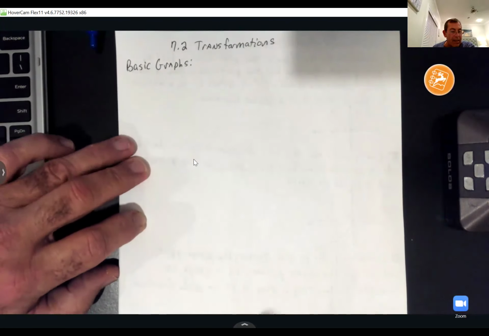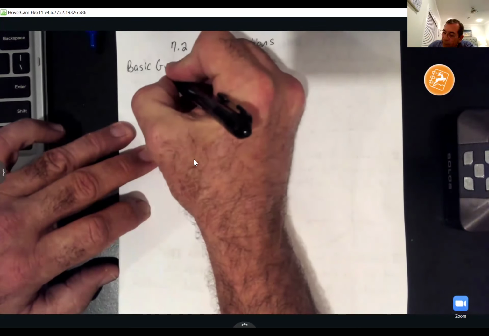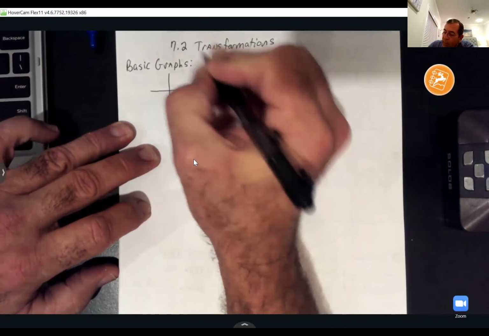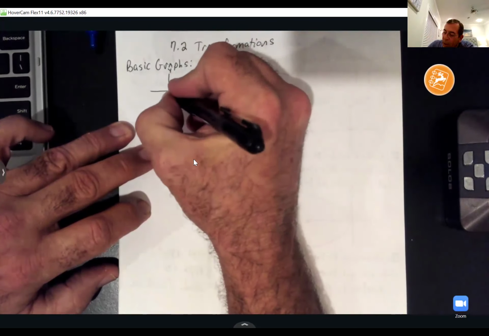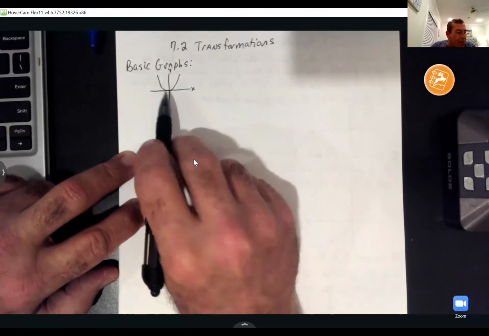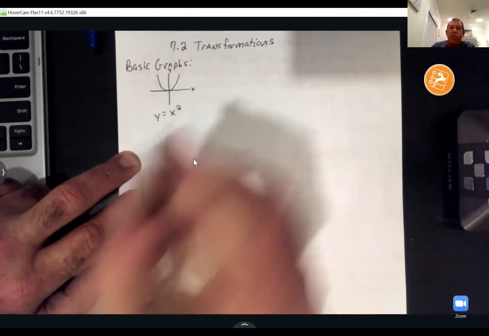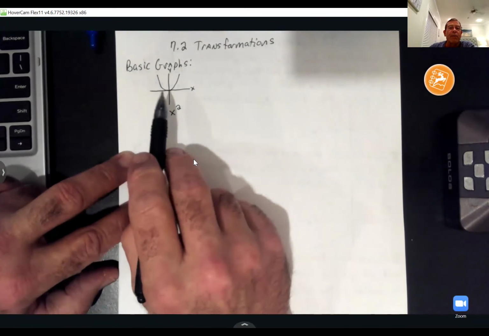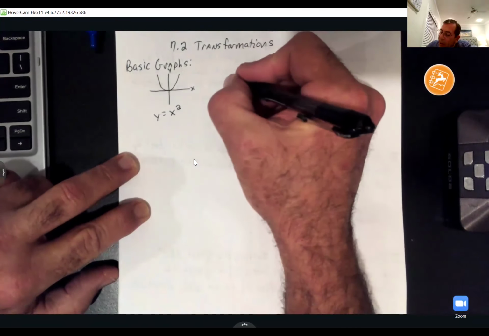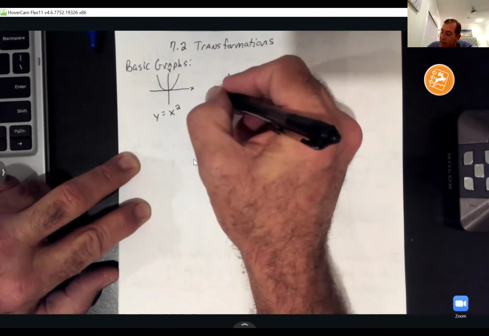And I got like 6 basic graphs we got to know for this section. So y'all, the first one would be our parabolas. And we get the parabolas from the y equals x squared. So that's our first basic graph, the x squared graphs. Next basic graph, and y'all, I got 6 of these, I think.